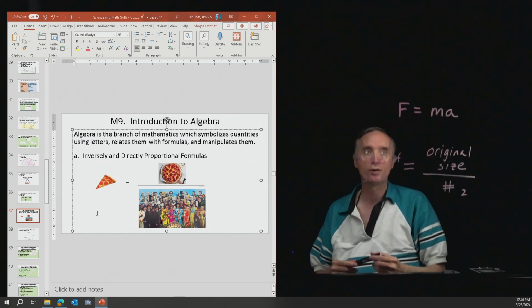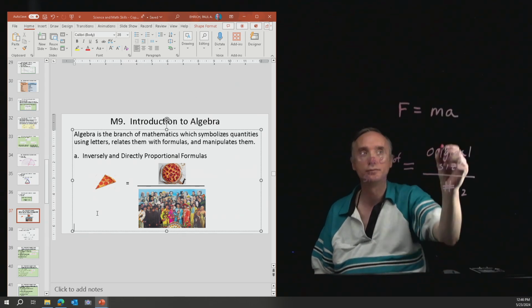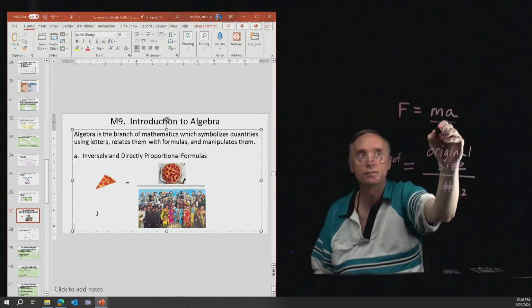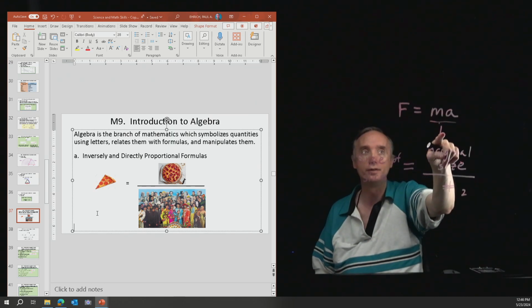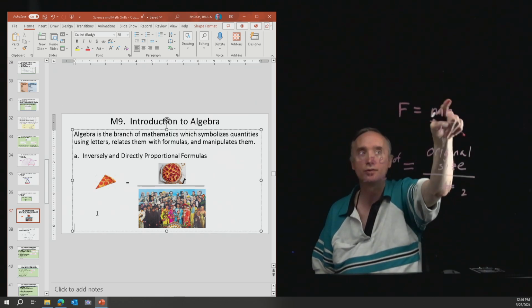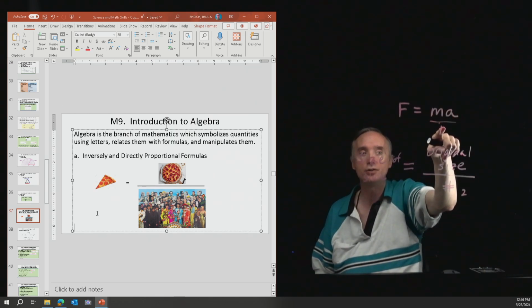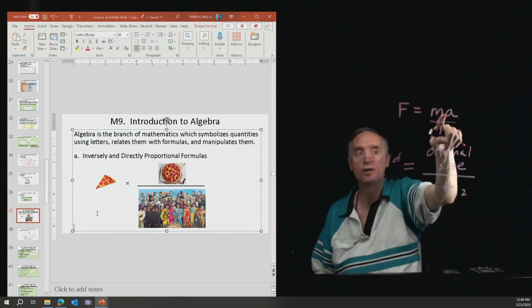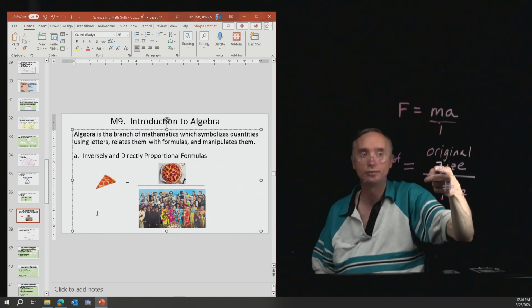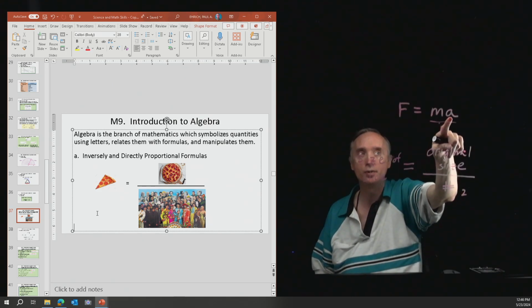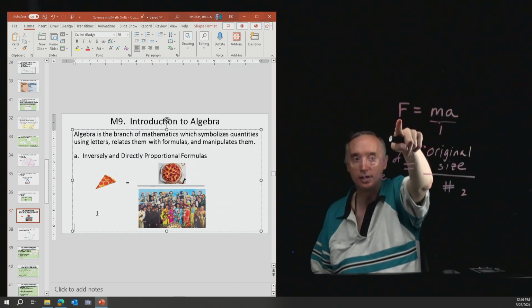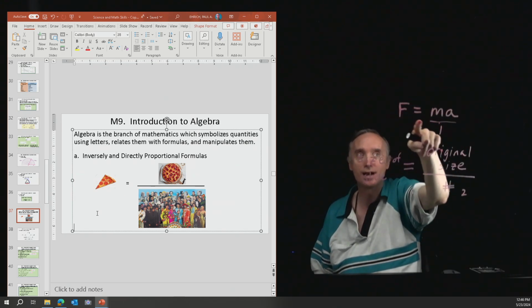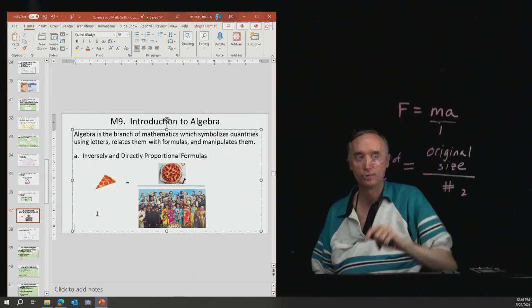Okay, now remember, we could always write this like a fraction. So this is the same thing. So if I put it over a 1, now I've turned this thing into a fraction, and now you can definitely see that the a was on the top. So if the a gets bigger, the F gets bigger. So this would be directly proportional.